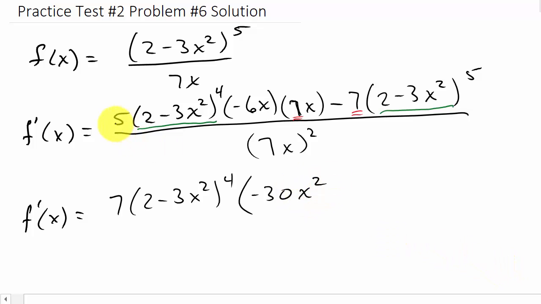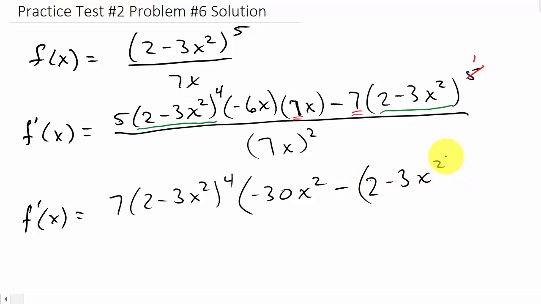Okay, 5 times negative 6x is negative 30x squared times this x. So this times this is negative 30x times the x is negative 30x squared. Alright, and then that is going to be minus, and we factored out a 2 minus 3x squared to the fourth, so that's going to make this an exponent of 1, and the 7 also came out.